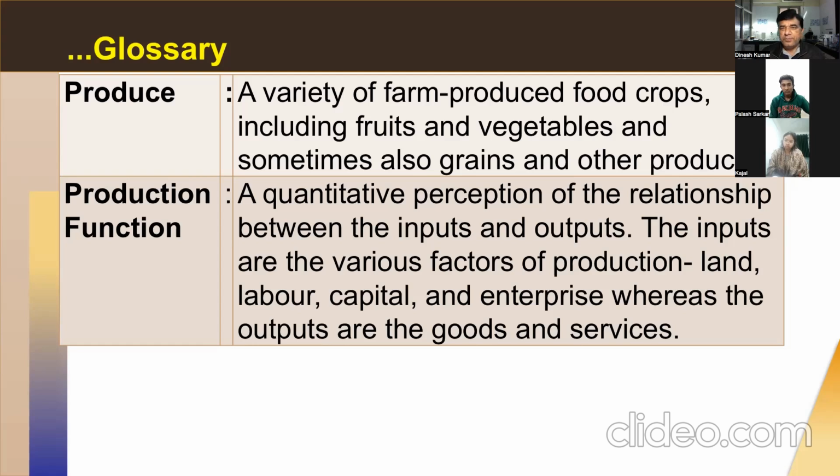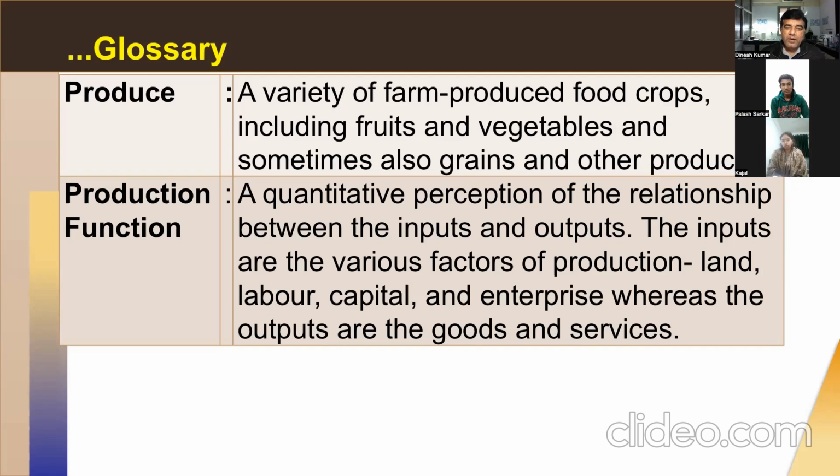Production function. It is a quantitative relationship between input and output. Quantitative relationship means in numbers. If I use 3 number of labor, what is my output? So that relation of input and output in terms of a function, in terms of an equation, is called the production function.